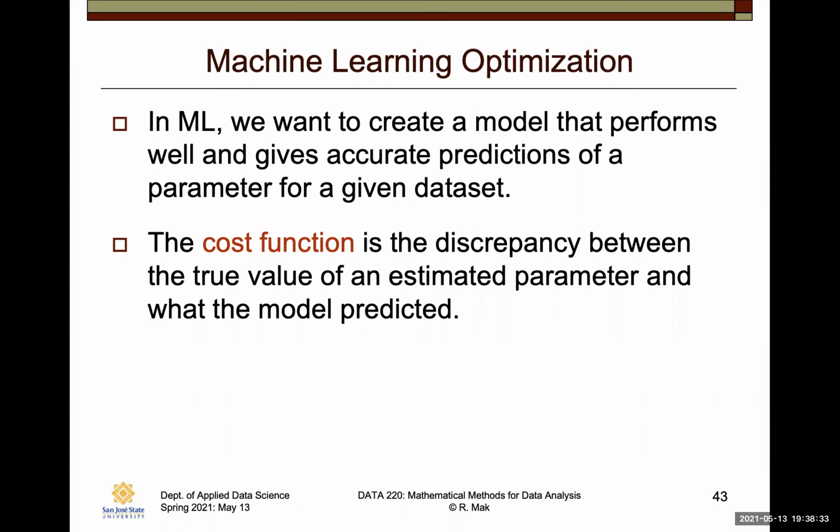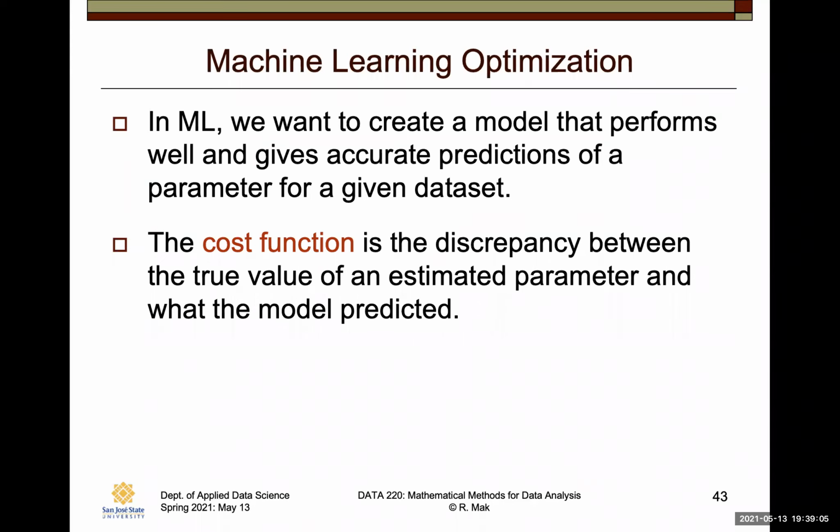So if you have a cost function, which is the difference between the true value of the estimated parameter and the predicted value. Okay, remember when we were doing my machine learning examples, you had the training set and then you had the test set, and after you train the model, we ran the test set through it.